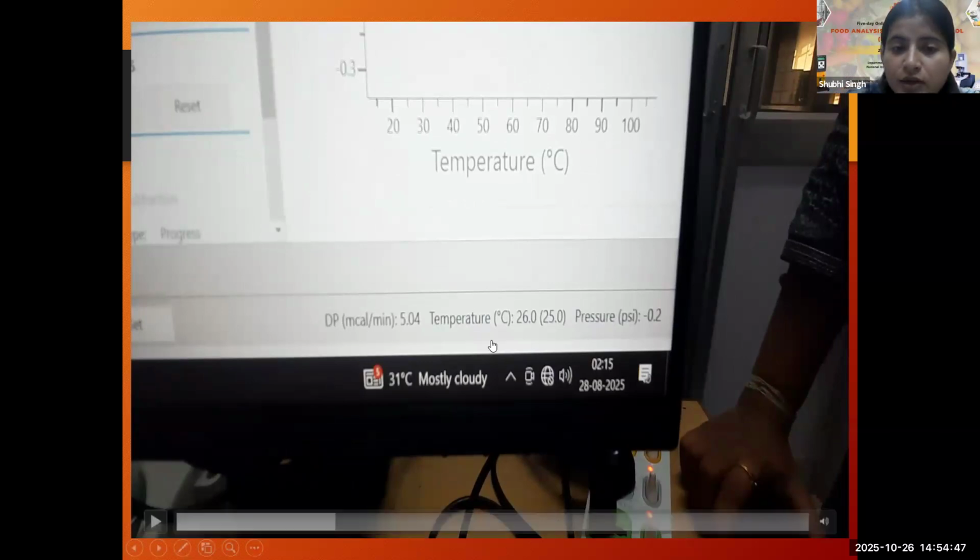Here the temperature is set at 25 degrees Celsius. Then dp is in the form of calorie per minute. And the pressure we have to fix at around 5 to 10 psi.